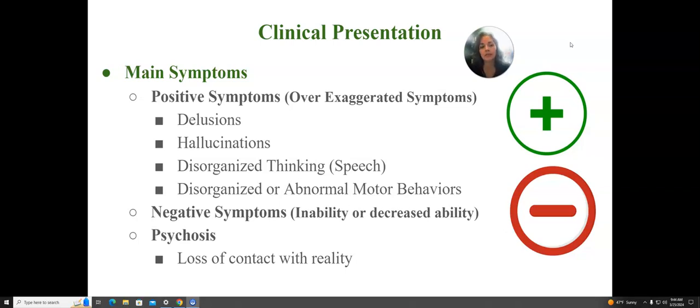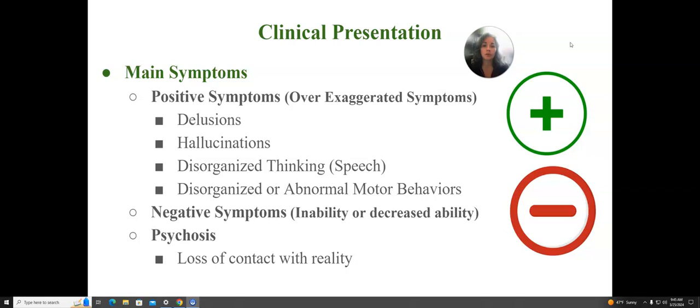So they can be very disorganized and abnormal movements, whether it be tics, whether it be engaging in behaviors that aren't aligning with the situation, but they can even be perceived as erratic. Potentially some might misinterpret it as dangerous, and we will talk about some of the risk factors or the types of schizophrenia that might pose the greatest harm to yourself or others.